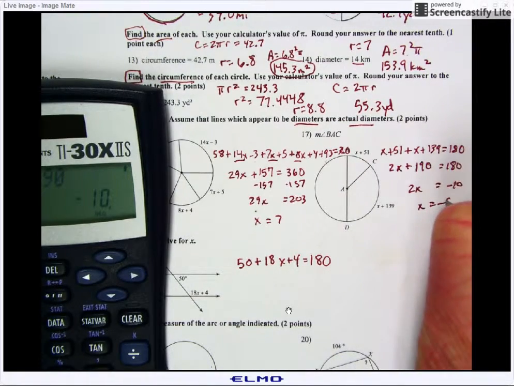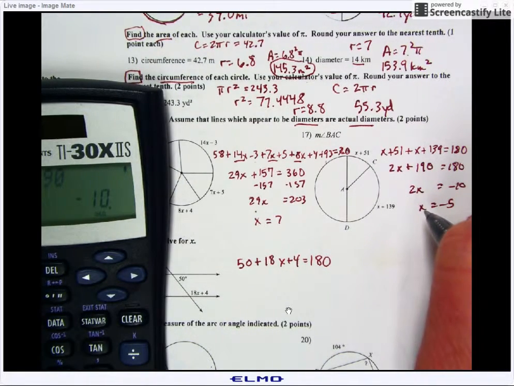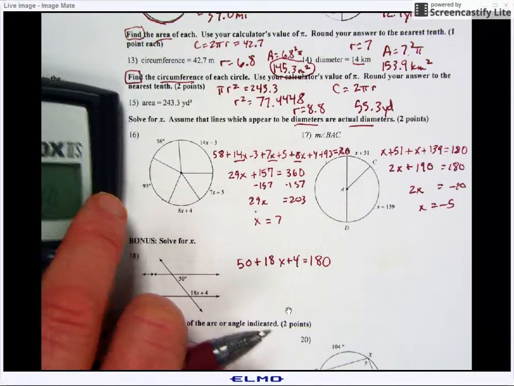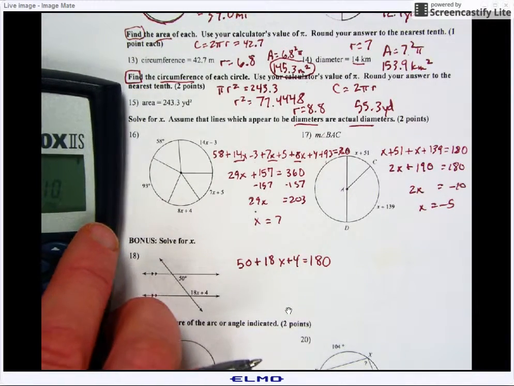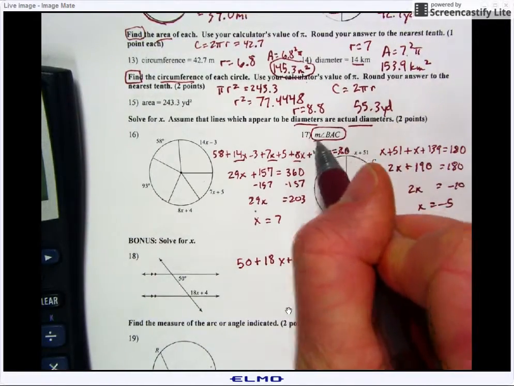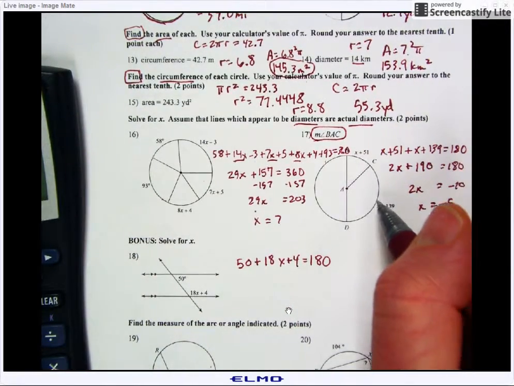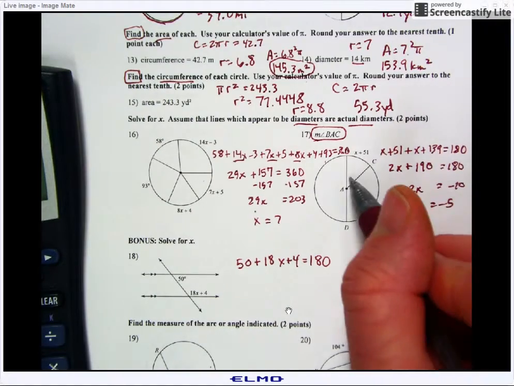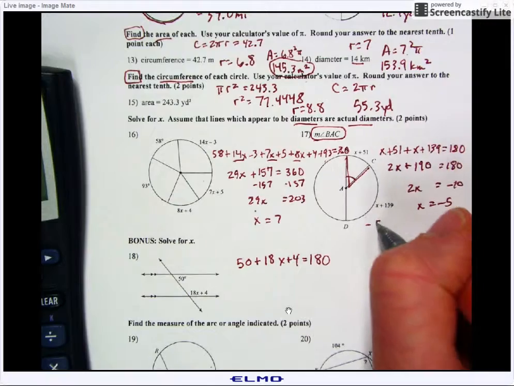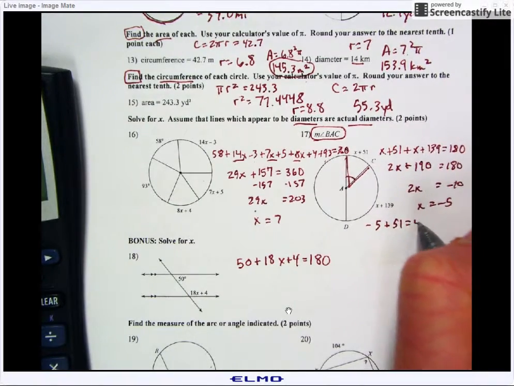X equals negative 5. And on this one, they want you to find the angle BAC. So angle BAC is this angle right here. Negative 5 plus 51 equals 46.